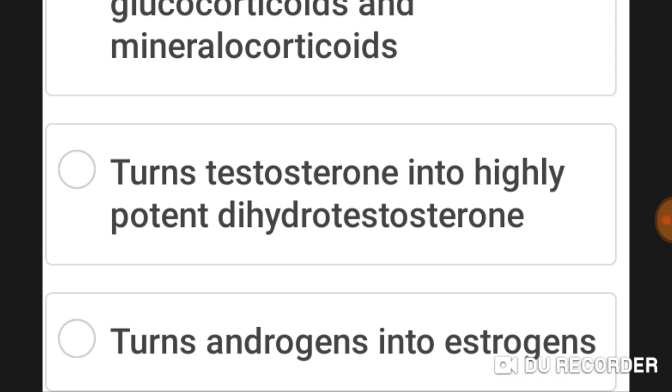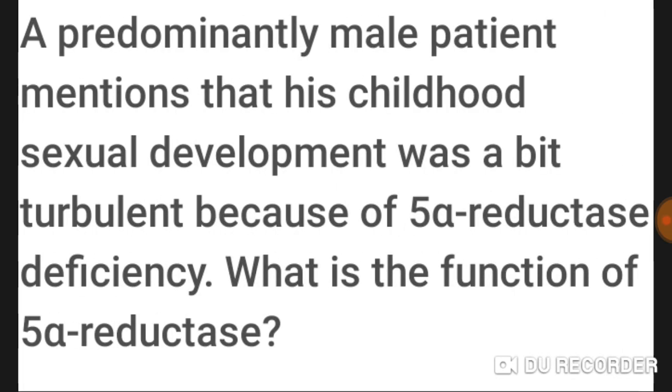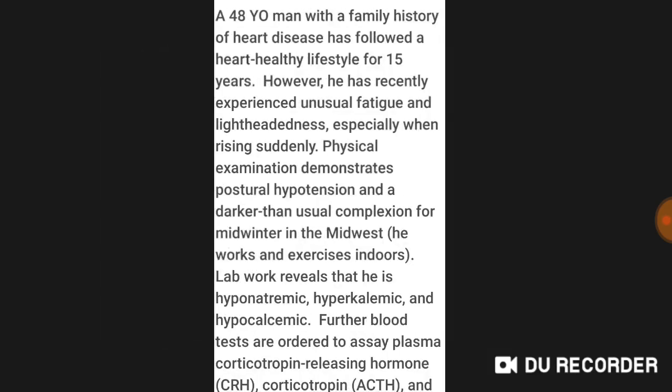So this one is the answer. And 5-alpha reductase inhibitor we give in prostate also to reduce the size of the prostate, that is dutasteride. So, turns testosterone into highly potent dihydrotestosterone. We already discussed this.